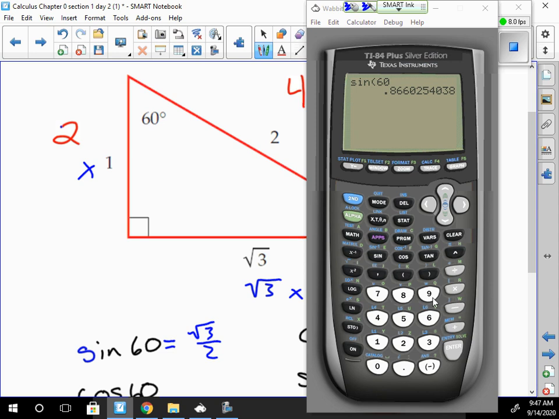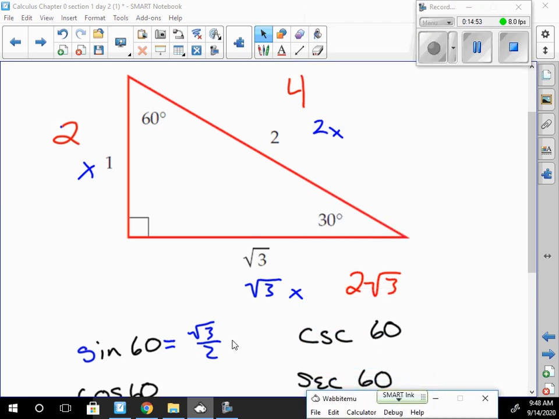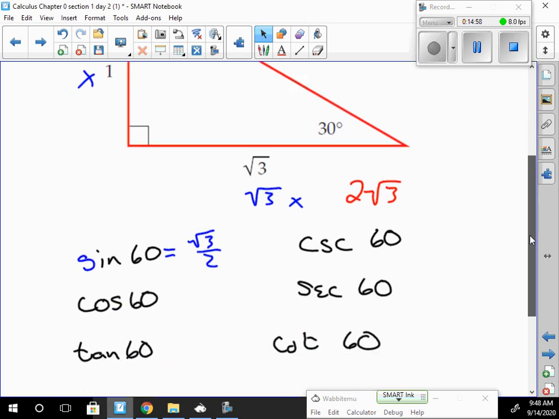If I punch that into the calculator, square root of 3, close my parentheses, over 2, it gives me the exact same quantity. Because this is a more exact answer, this is going to be the one that I want. I want root 3 over 2 whenever we see sine of 60.